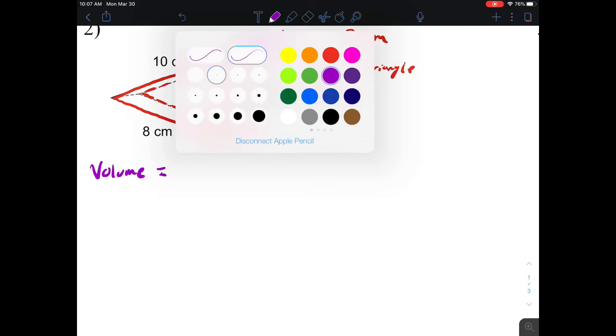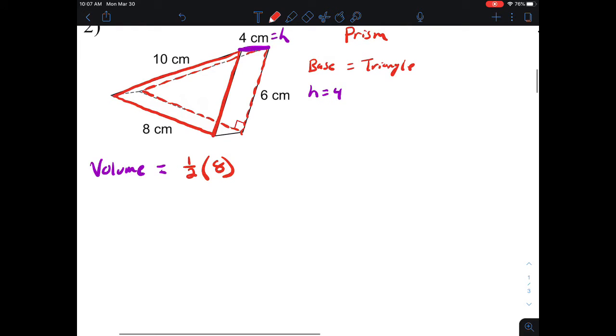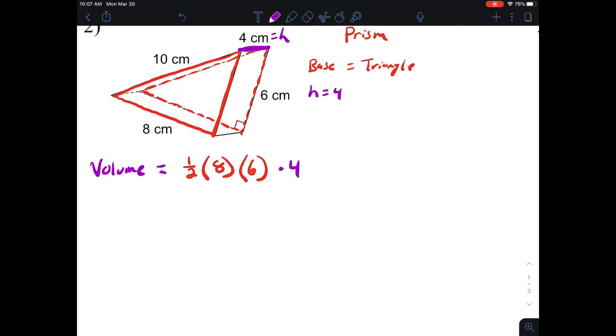Well, that's a triangle, so it'd be 1/2 times the base of the triangle, which is 8, and the height of the triangle, which is 6. Then the area of the base times the height will give me my volume. So the volume of this shape in number 2 is 96. Now volume is three-dimensional, so I take my units and I cube them. So 96 centimeters cubed.